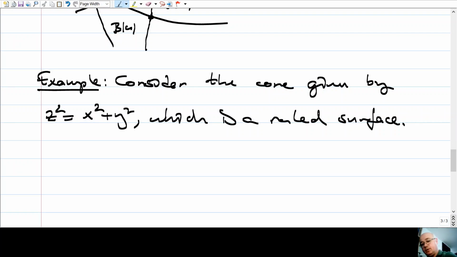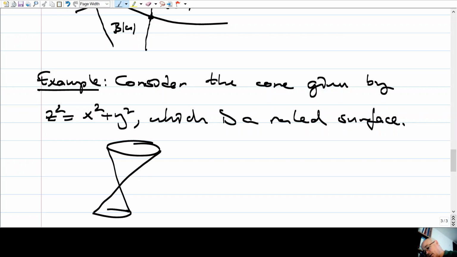Right. This is a ruled surface. This is a cone like this, in the x, y, and z directions. How can you see why this is a ruled surface? For example, consider a line like this.